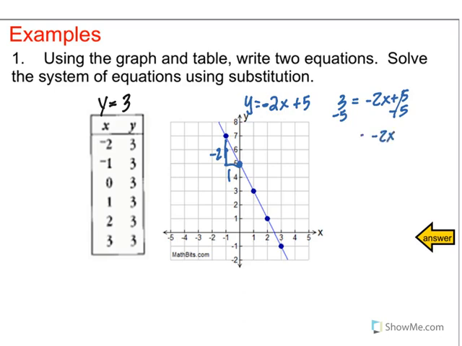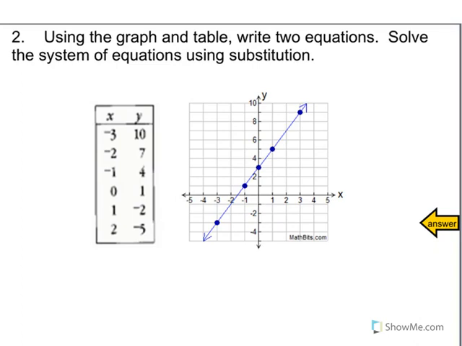I get negative 2x equals negative 2, divide by negative 2, and I get x is equal to positive 1. So I know that x is 1, and we already know the y value. The y value was 3, so my point is (1, 3).